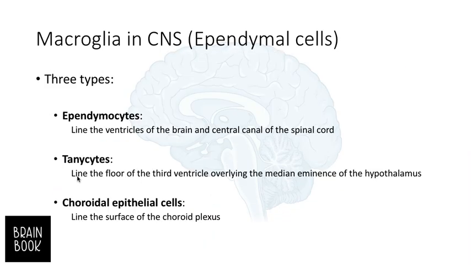And tanycytes line the floor of the third ventricle, overlaying the median eminence of the hypothalamus. In the next presentation, we will focus on the ventricles. And choroidal epithelial cells line the surface of the choroid plexus in the ventricles, except the lateral ventricles.